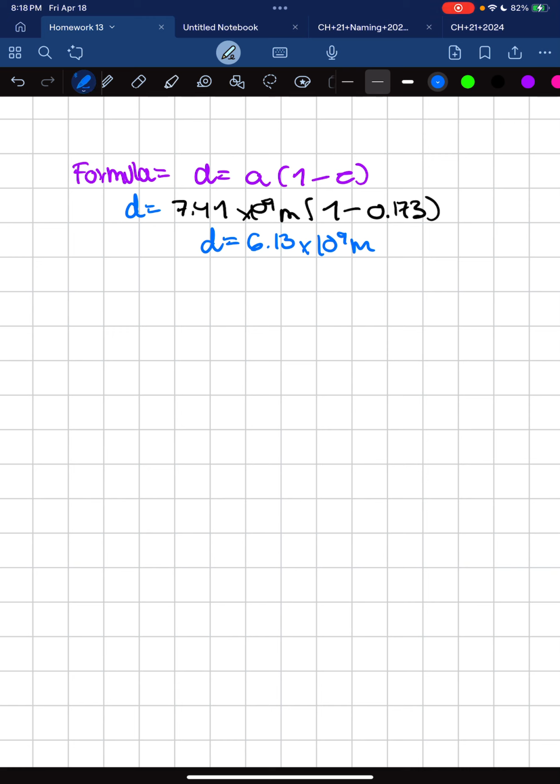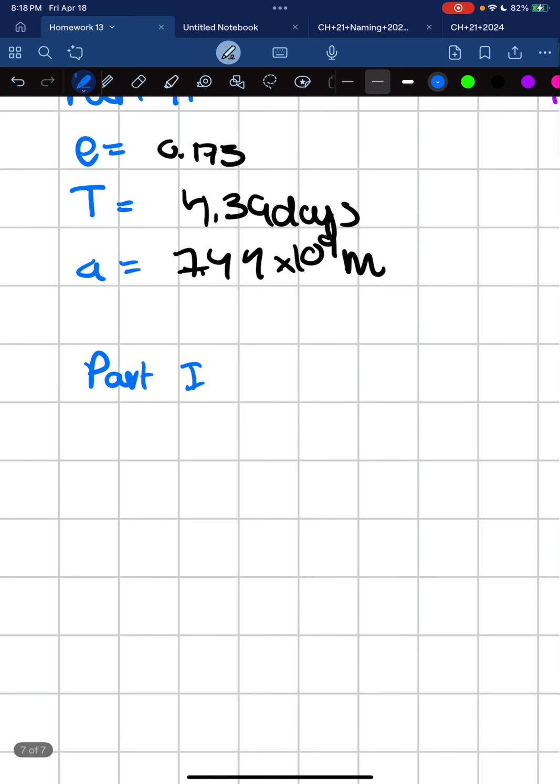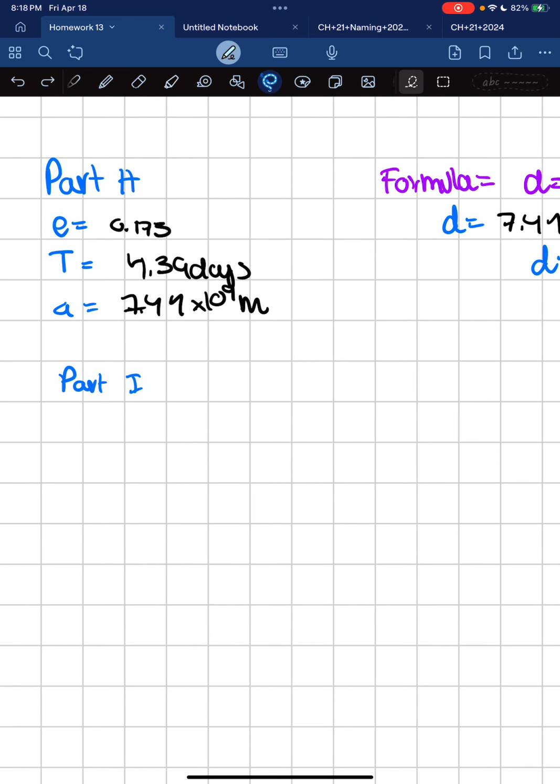So let's go ahead and do part I. We have the same values as before, but in this case, let me put them down again just so we can have them. And now we're actually going to need to convert the days into seconds.